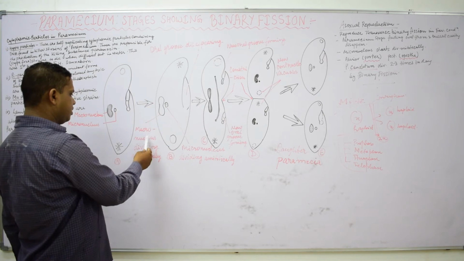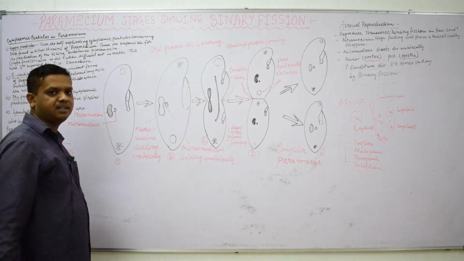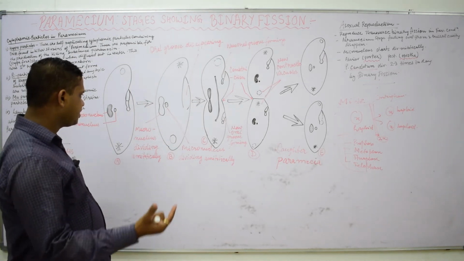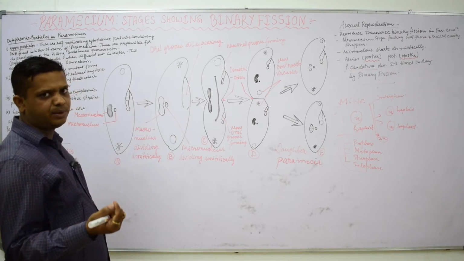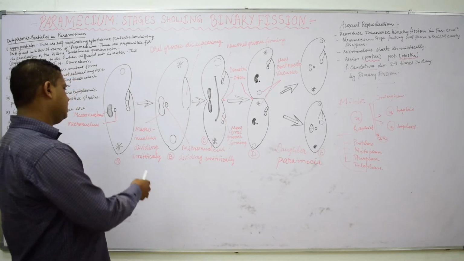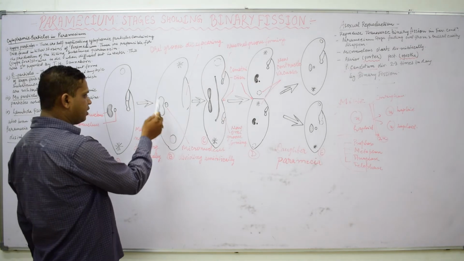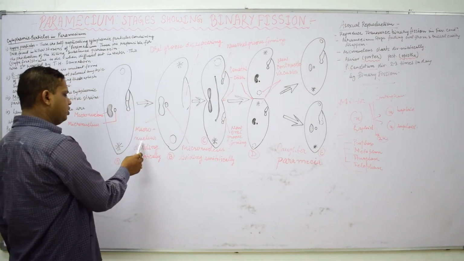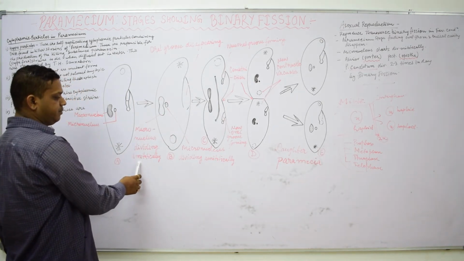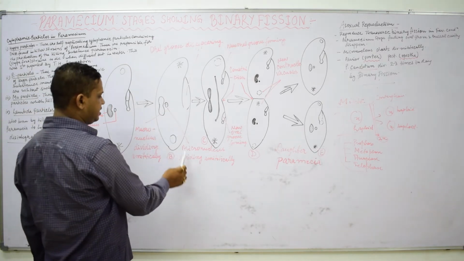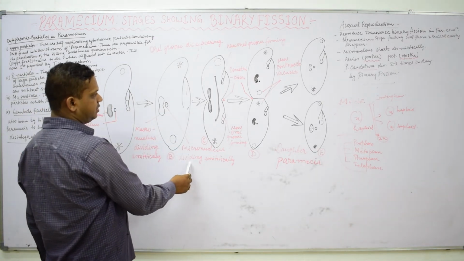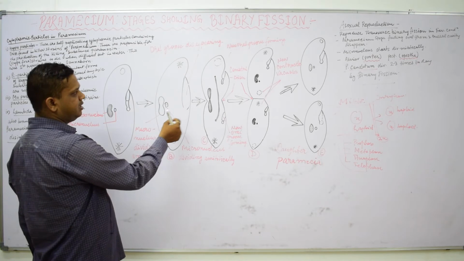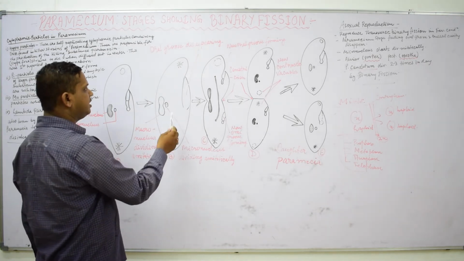This shows the macronucleus dividing amitotically, as I told you, with the contraction of the nucleus. By karyokinesis and cytokinesis the division takes place. Here only karyokinesis takes place because the macronucleus is dividing amitotically, and the micronucleus is also dividing. The contraction will take place and they will divide, which we will see in the other diagram.